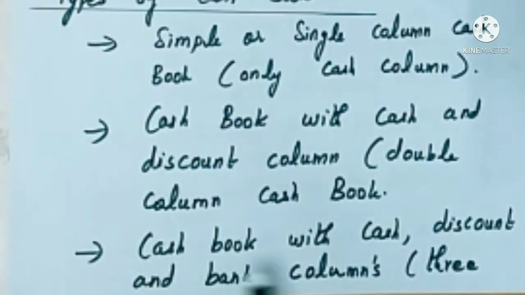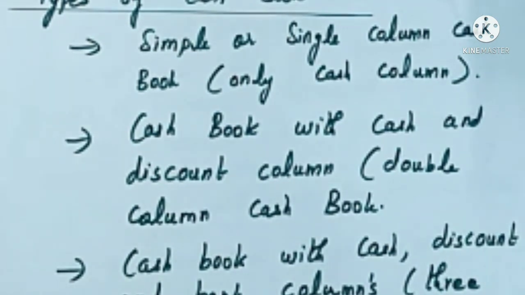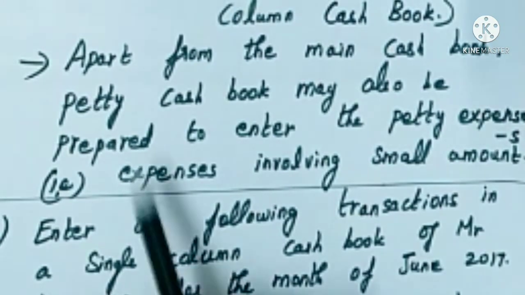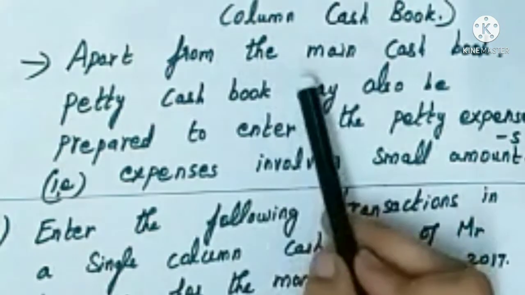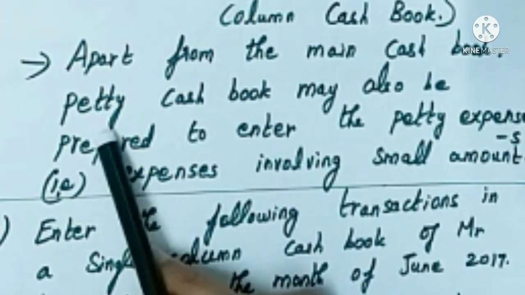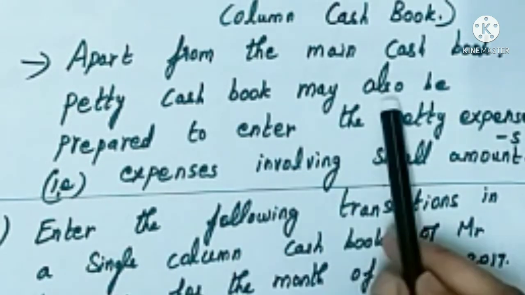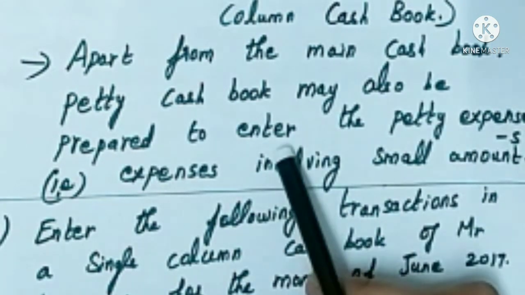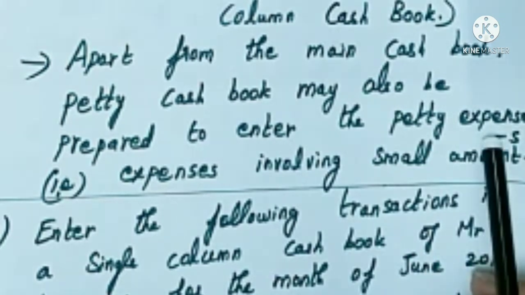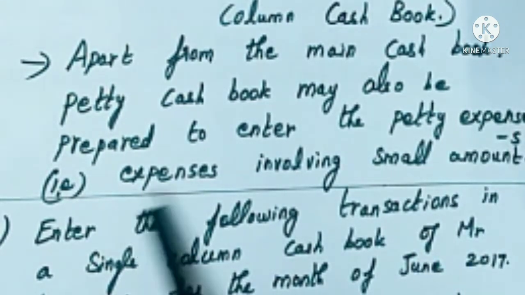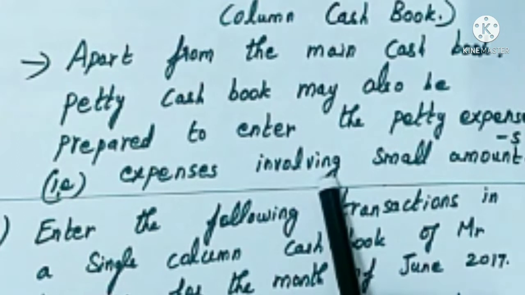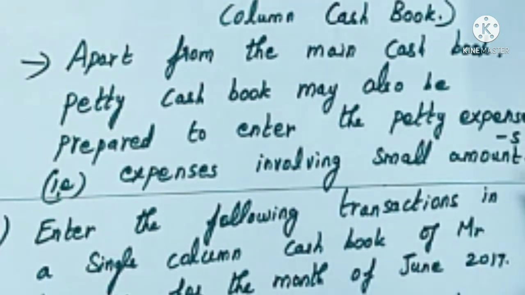Cash book with cash, discount and bank columns is called three columnar cash book. Apart from the main cash book, a petty cash book may also be prepared to enter the petty expenses, that is, expenses involving small amounts.